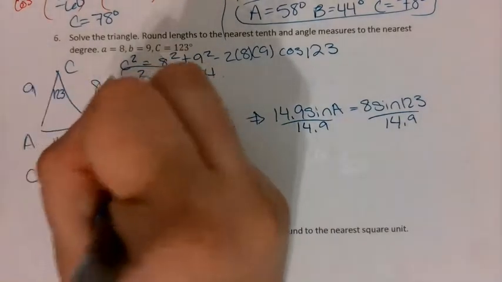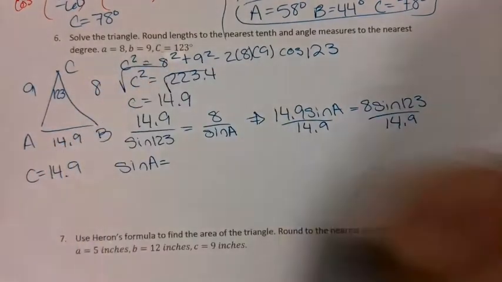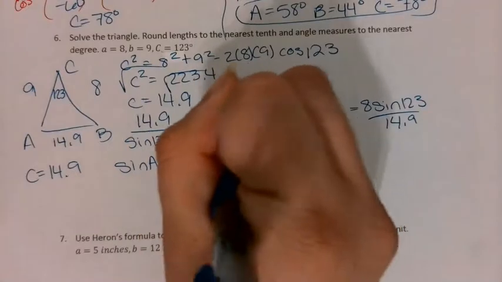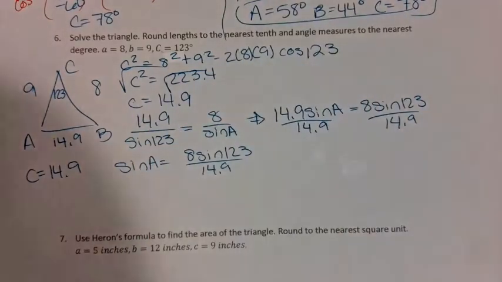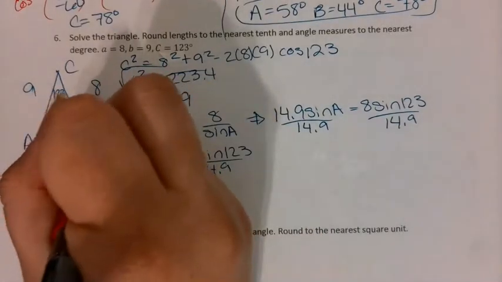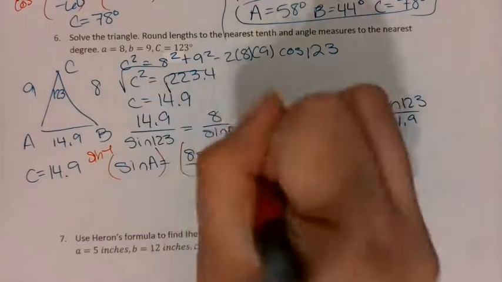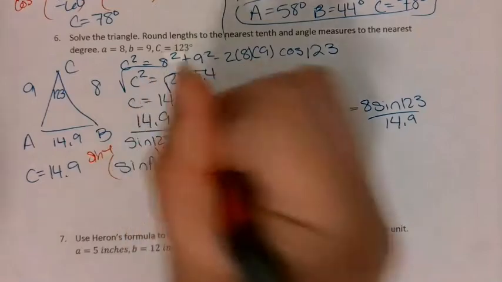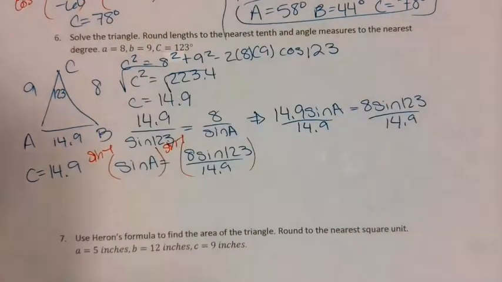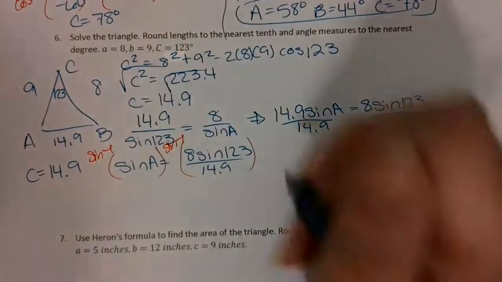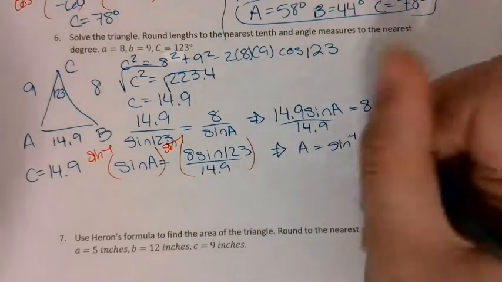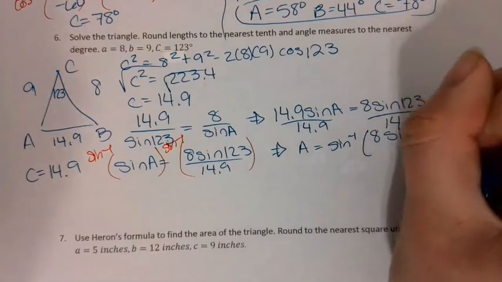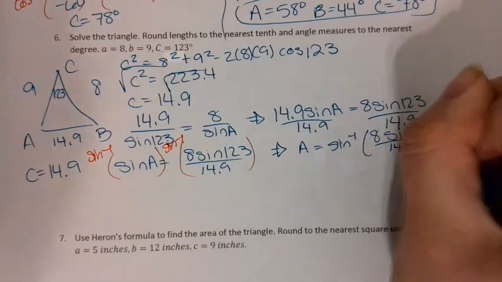And I end up with sine of A equals 8 sine of 123 over 14.9. I want to use my sine inverse. This gets me A equals sine inverse of 8 sine of 123 over 14.9.